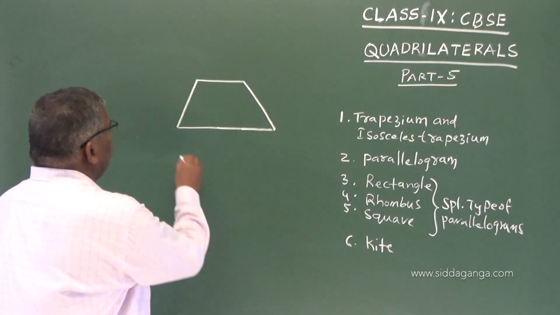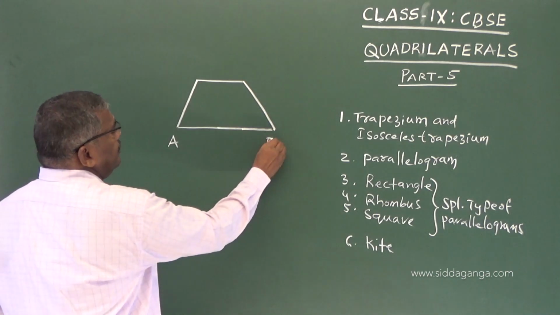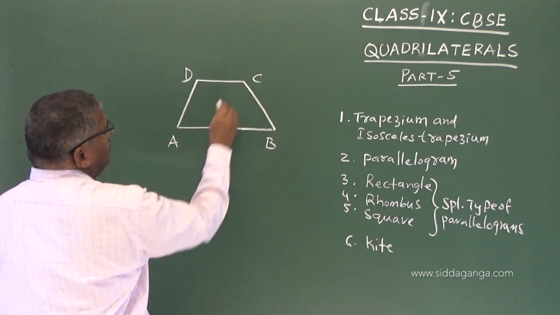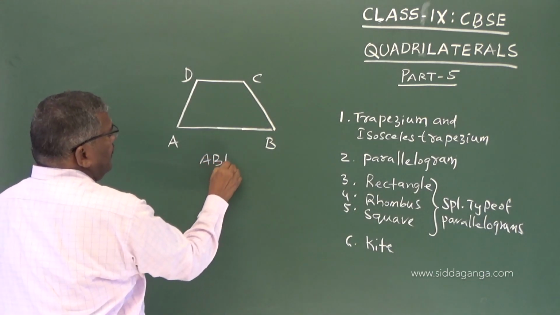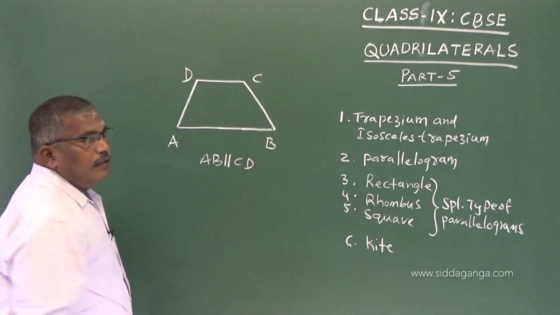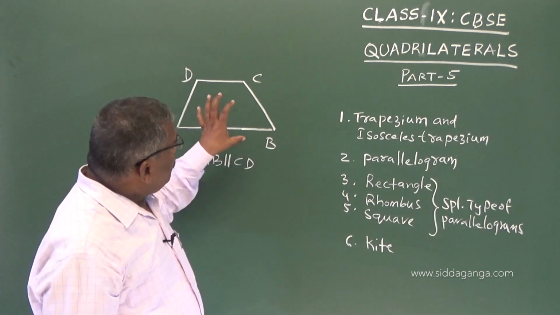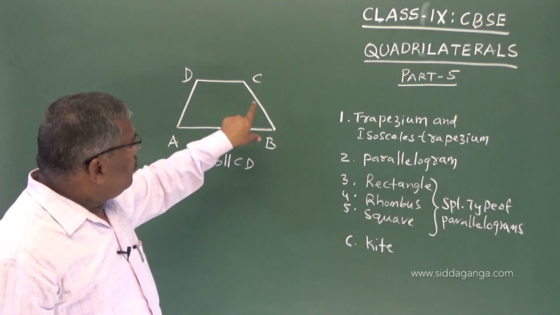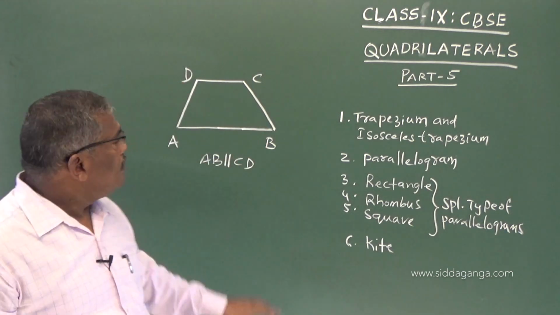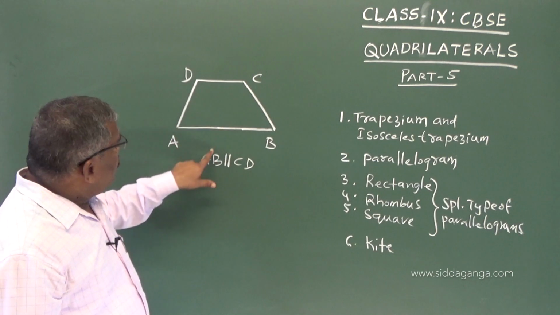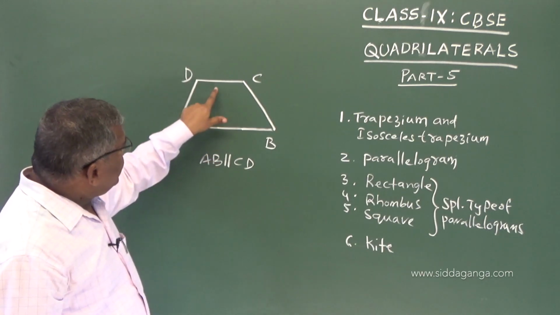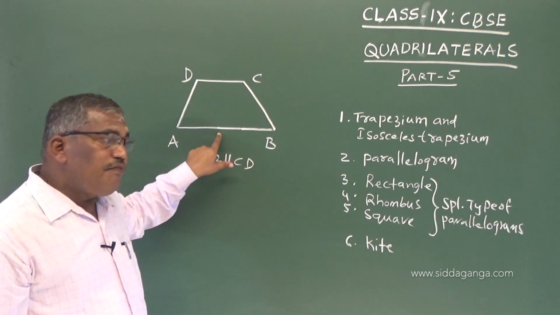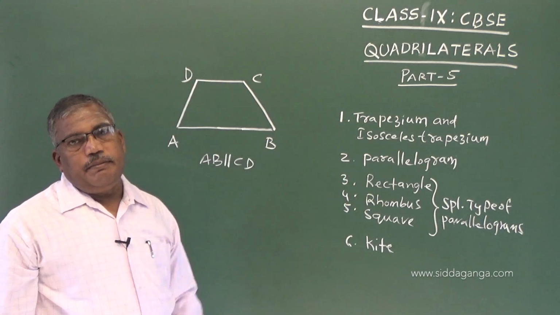So here, if we name this as ABCD, AB is parallel to CD. It is a quadrilateral with 4 vertices and 4 lines, and in that one pair of opposite sides AB and CD is parallel. Such a figure is known as a trapezium.